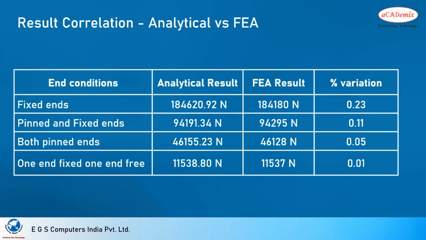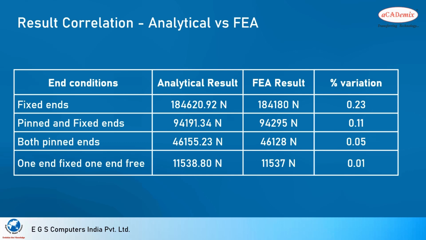In the first condition, that is both ends fixed, the percentage deviation between the analytical result and the FEA result is 0.23%. In the second case, one end is fixed and the other end is pinned, the percentage deviation between the analytical calculation result and FEA result is 0.11%.